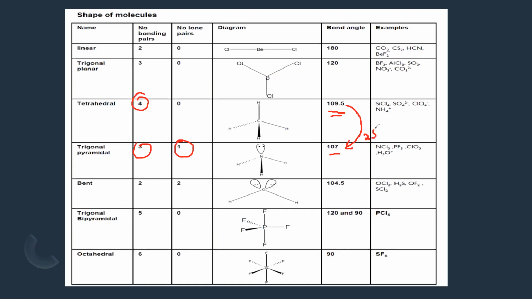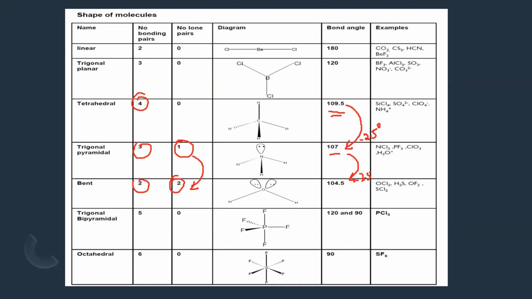That is 2.5 degrees. Same way, if we have two bond pairs and two lone pairs, the lone pairs increase. So how much is the change? 107 minus 2.5, so that will be 104.5. So due to the presence of each lone pair, the angle will decrease by 2.5.